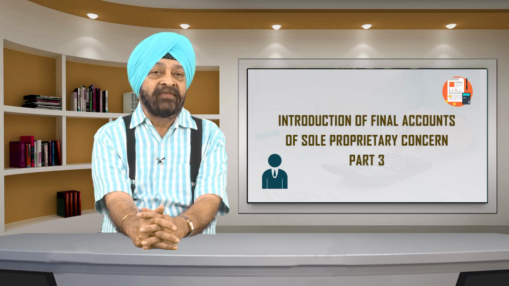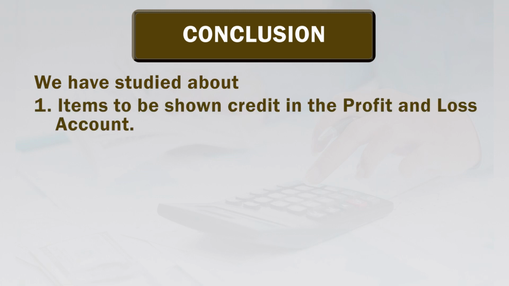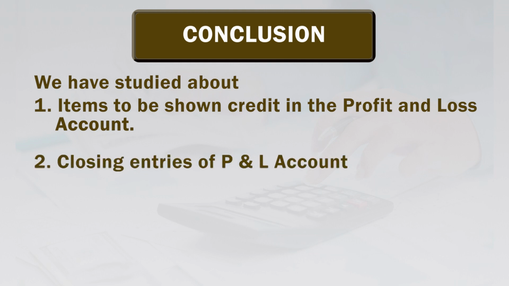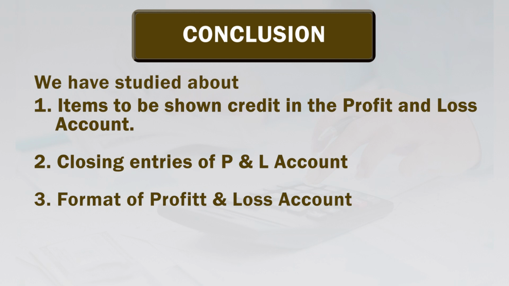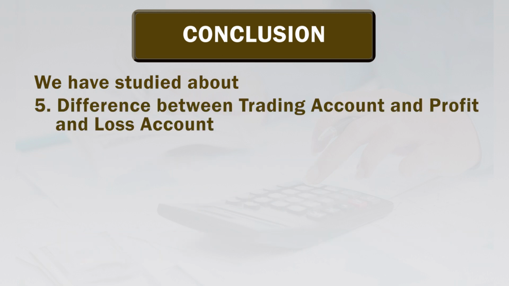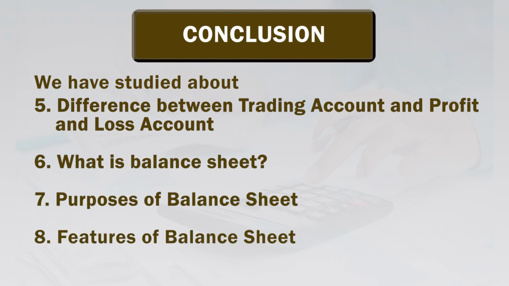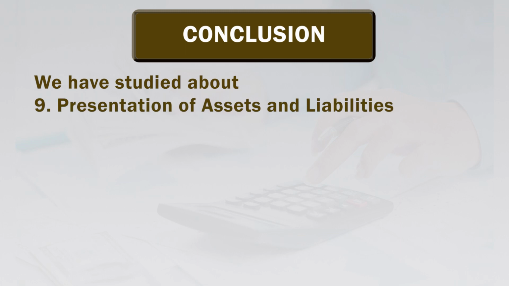Now, friends, we will have a look at our concluding remarks. In this part 3, we have studied items to be shown on the credit side in the profit and loss account, closing entries of profit and loss account, format of profit and loss account, illustration on preparation of trading and profit and loss account, difference between trading account and profit and loss account, what is a balance sheet, purposes of balance sheet, features of balance sheet, presentation of assets and liabilities.